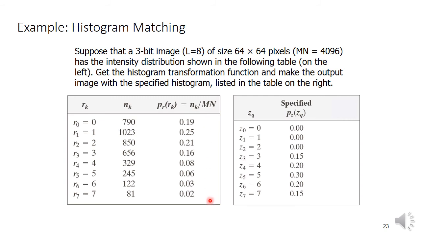We have to get the histogram transformation function, and we have to make the output image with the specified histogram, which is listed in the table on the right.